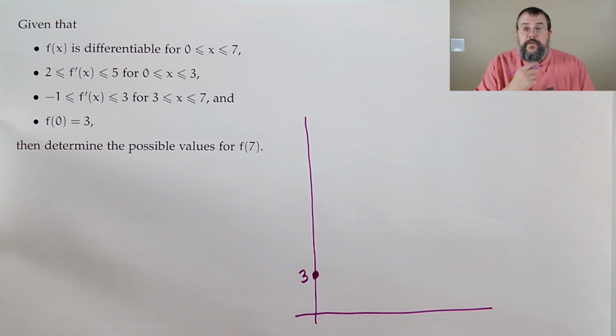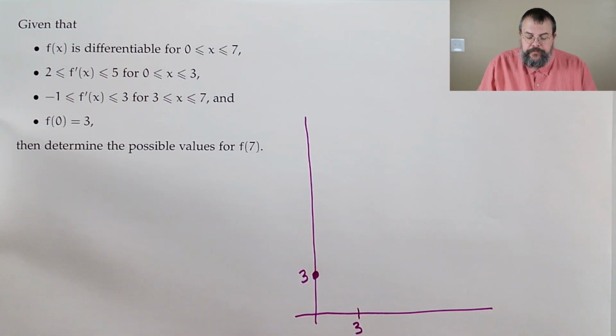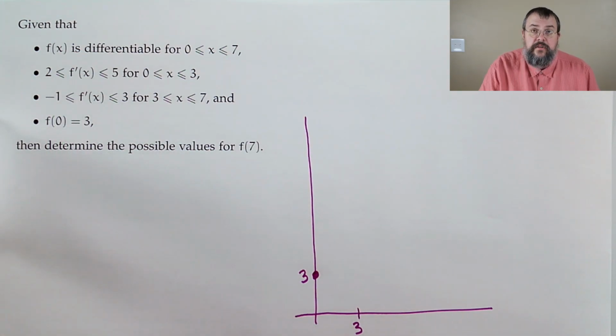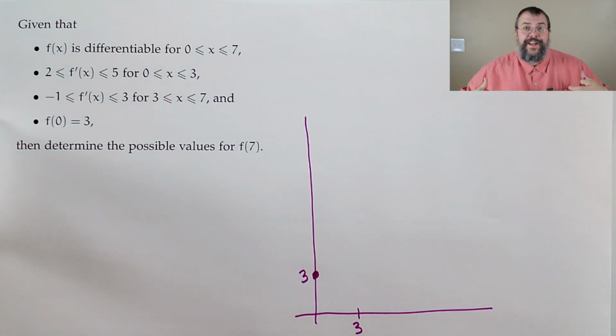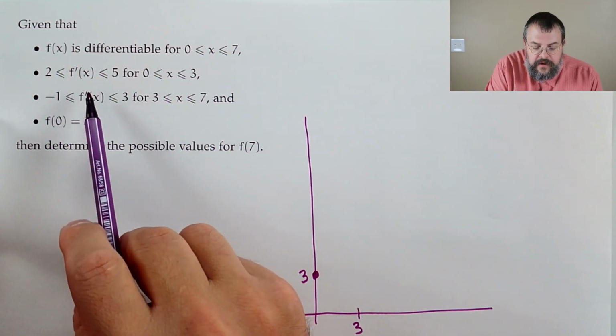So we know we start off at 3. So we have that initially from 0 up to 3. So here is from 0 to 3. What's happening is that our rate of growth, and that's how we can think of derivative. What's our rate? How fast are we changing? The idea is it's between 2 and 5.